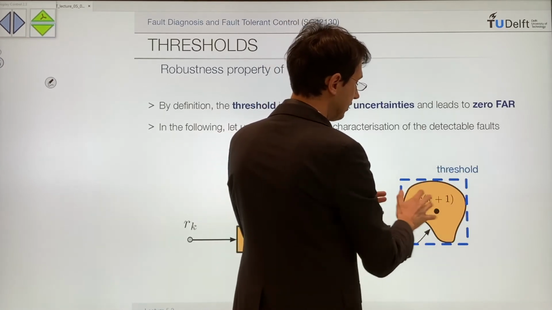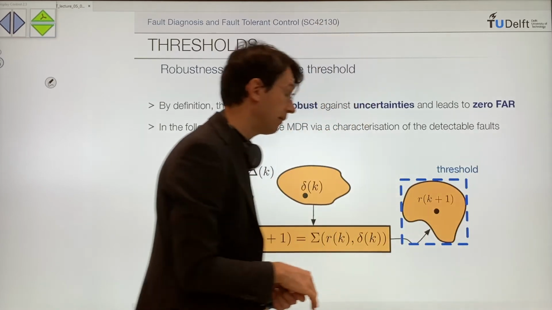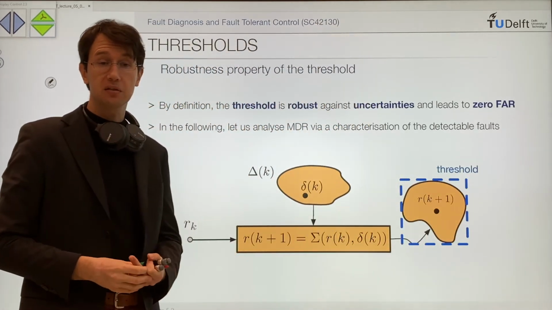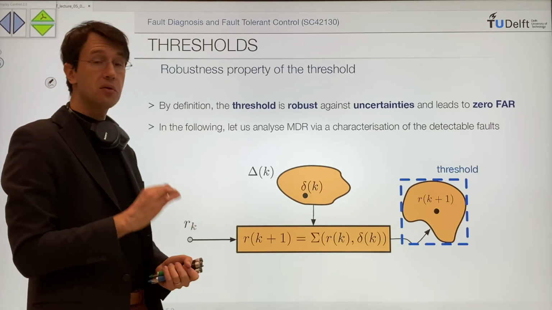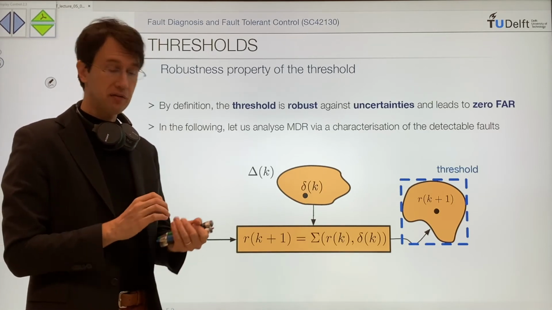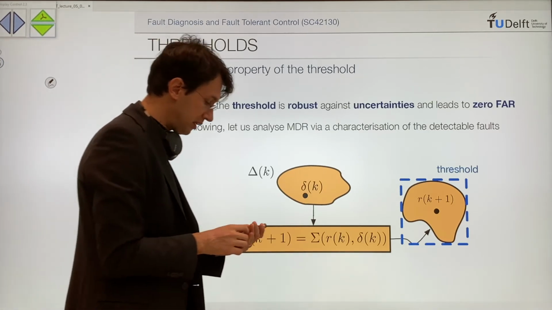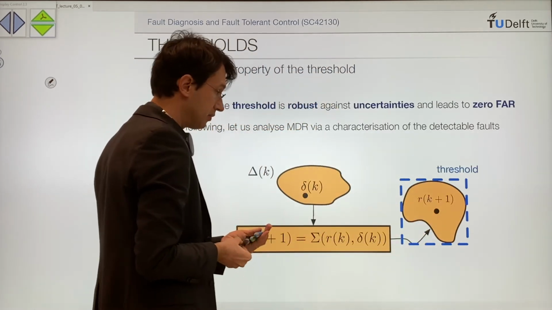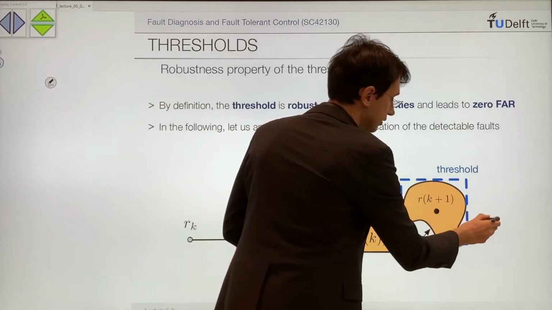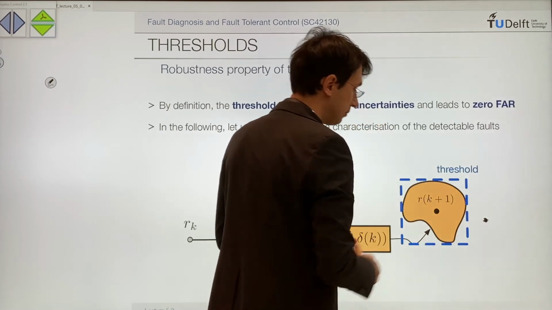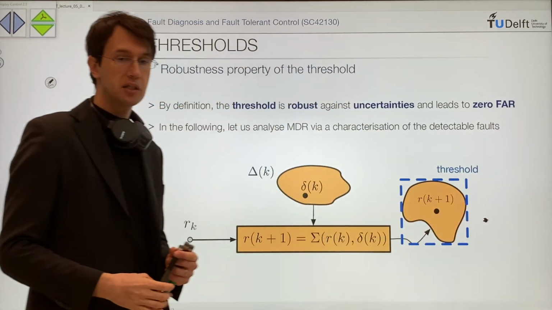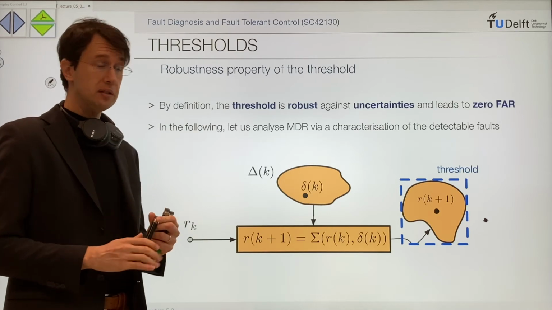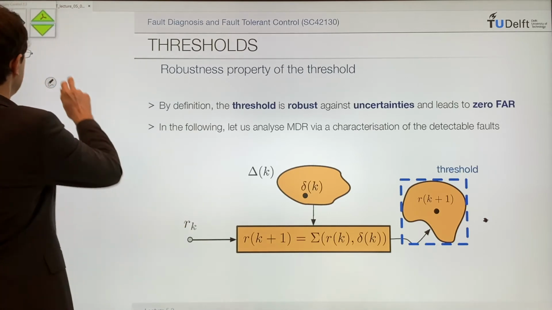Maybe not exactly, it could be over-conservative, but it is containing that. So there is no way that in healthy condition we have a false alarm, because all the residuals end here. To get a false alarm, you would need a residual value here outside, but it is simply not possible by construction. So that's a very good property.